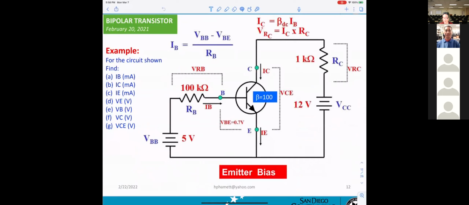Okay, and this one uses two power supplies, VCC and also VBB, 5 volts. And for the formulas for doing the calculation, we already gave them to you: IB equals, IC equals, VRC equals.